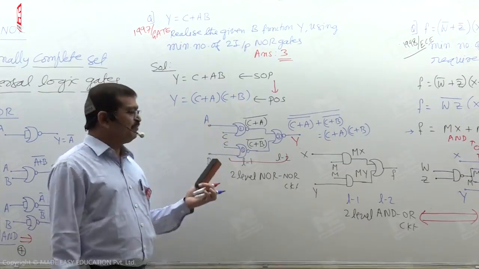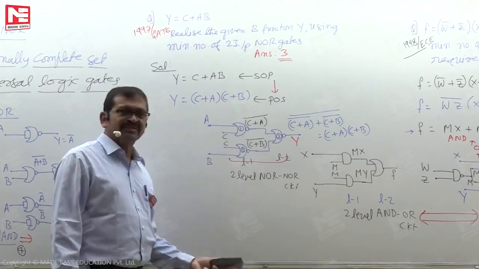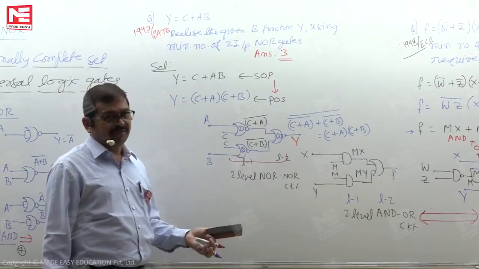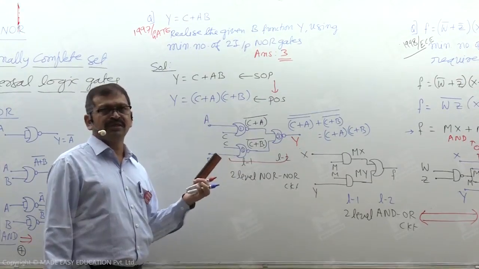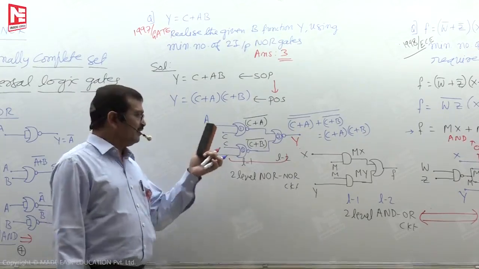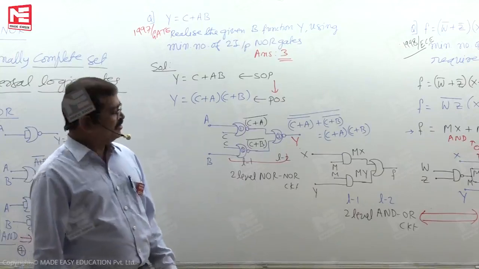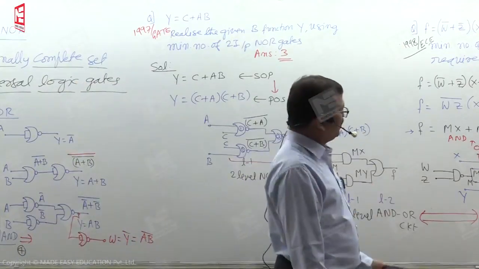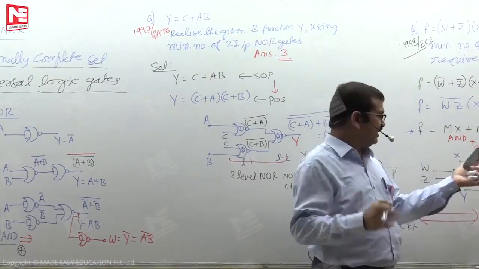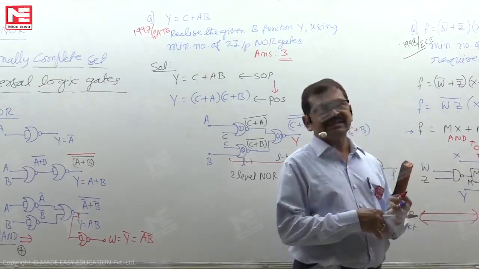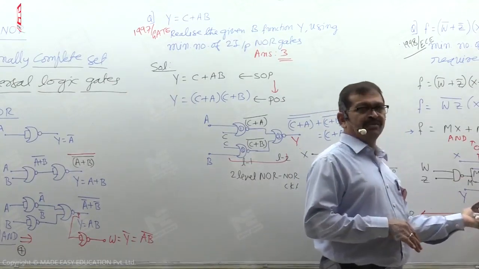If it has 4, then 2 more. Anyway, at level 1 we have a set of NOR gates, at level 2 a single gate. Whether the POS consists of 2 sum terms or 3, it doesn't matter. The circuit effectively results as a 2-level NOR circuit. The same thing holds here also: the SOP has 2 product terms, so 2 gates at level 1. If the SOP consists of 3 product terms, 1 more gate will be added in parallel with the first two.